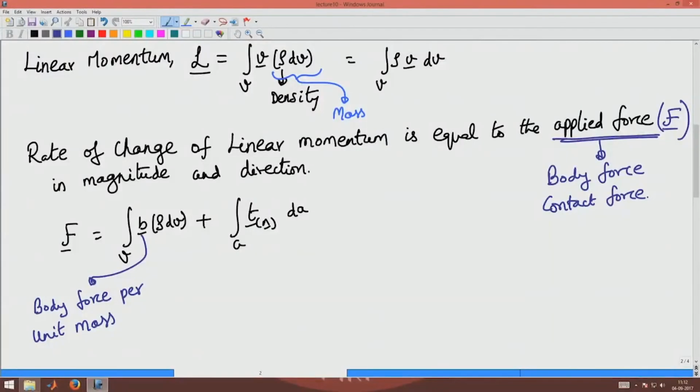Since we are not considering charges in this course, or we are not interested in electromagnetic forces, we are considering the body force to be per unit mass. And this, as we saw before, denotes the mass. So, this gives the sum total of body forces acting on the body.